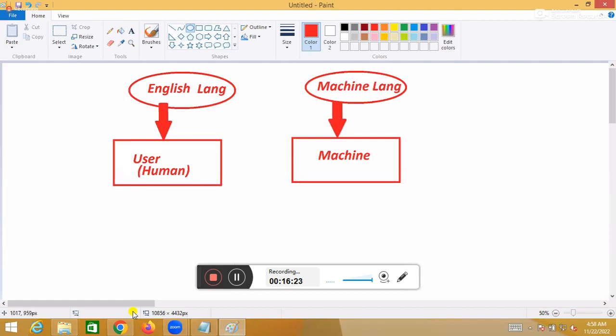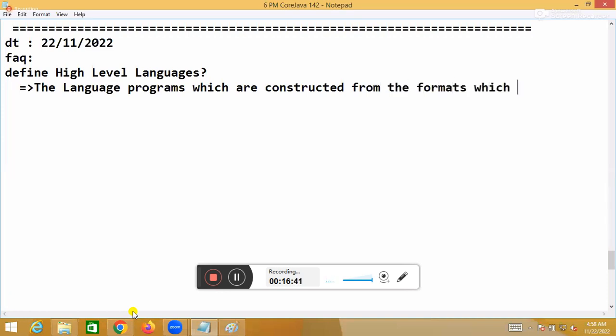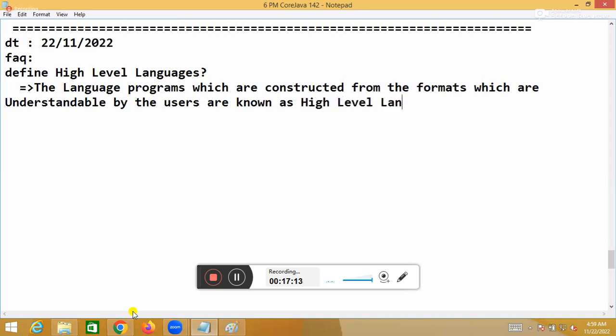Make a statement. The language programs which are constructed from the formats which are understandable by the users are known as high level languages.